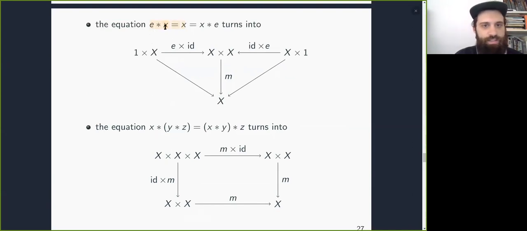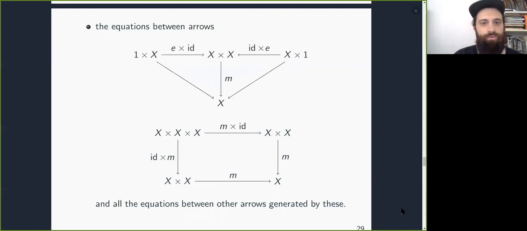So E times X times Y is equal to X times Y, even though I didn't put that in there explicitly. It follows naturally from this generating equation. So in a similar way, these diagrams will generate additional diagrams that commute in our Lawvere theory.